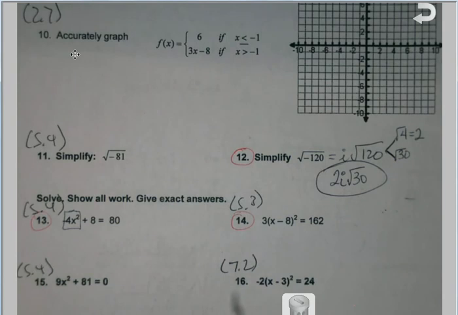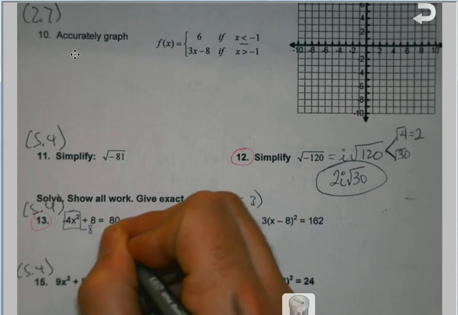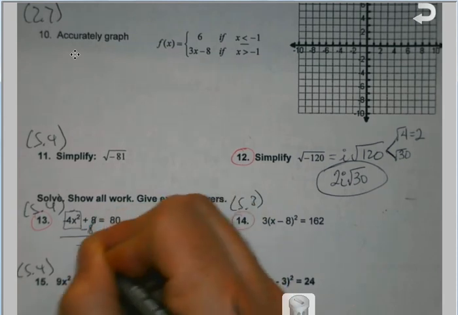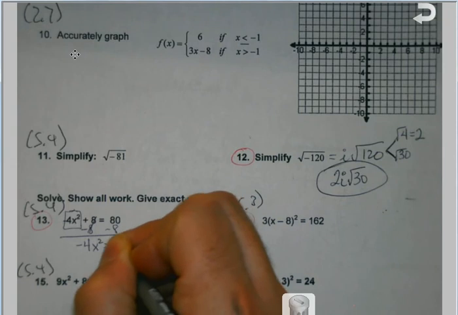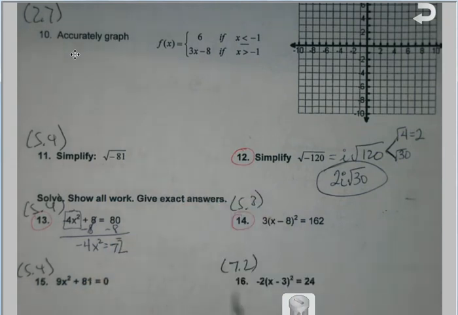Before I square root, subtract the 8. Before I can do my square rooting, I have to get my x squared by itself as best I can. So I still can't do it at this point. Now what do I need to do to get x squared by itself?